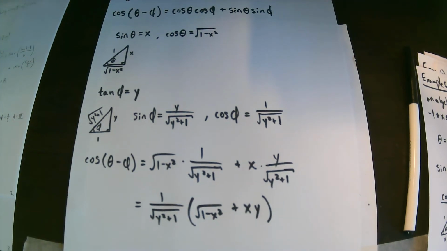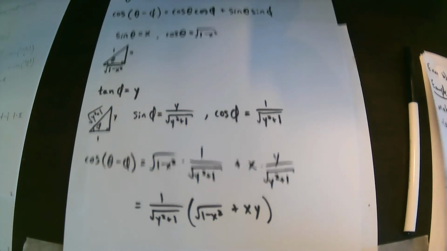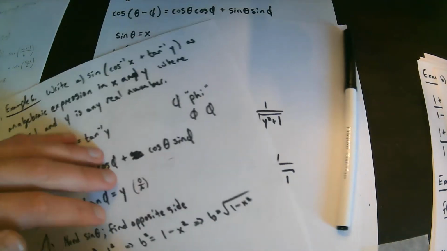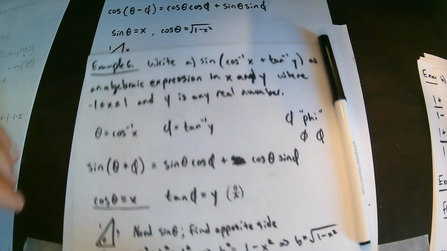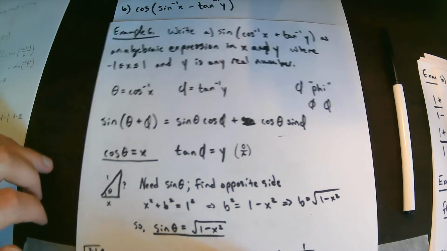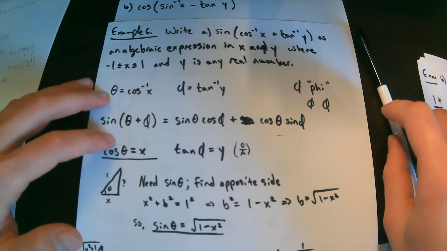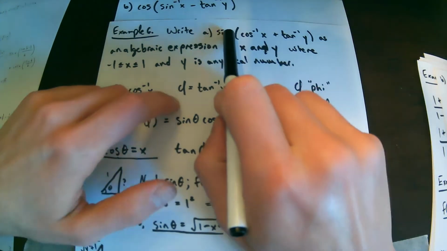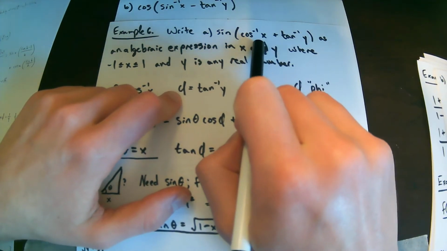Let me look and make sure I didn't mess something up. Oh, no. It's because over here, there's two differences, and they're canceling each other out. The difference here is sine is on the outside and cosine's on the inside.